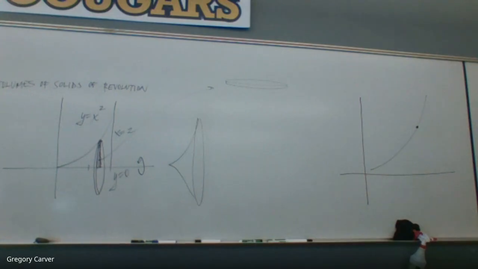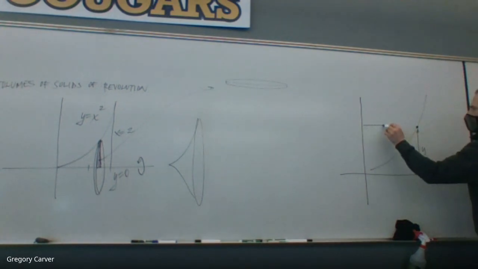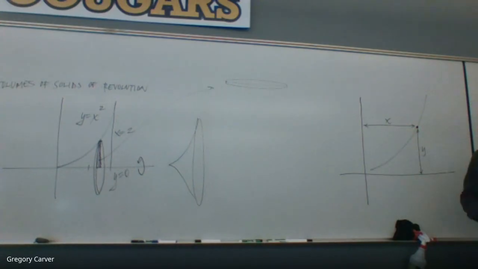Do you guys agree that the distance from here to here is just y? You learned that in third grade. This from here to here is x. And you'll notice, y is from the x-axis up. x is from the y-axis over, right?